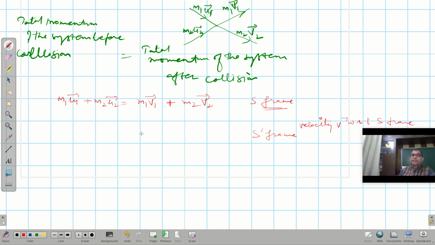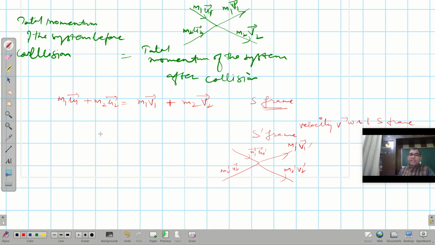In that situation, let us assume the mass becomes m1 prime with u1 prime, and for the second particle m2 prime with u2 prime, and this will go this way and this will go this way. So it is m1 prime v1 prime and m2 prime v2 prime.